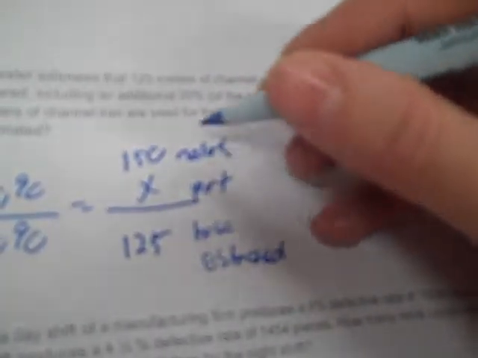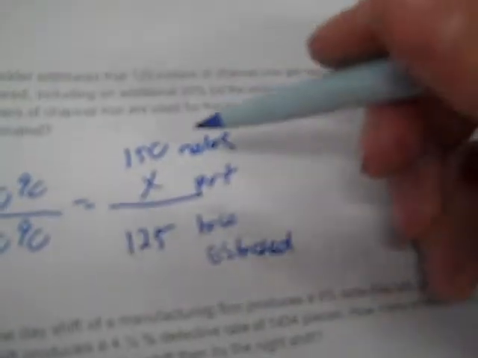So the base must be the estimated job, which is 125. I'm going to find the part with the scrap metal. So I'd go 120 times 125 divided by 100. That's going to be 150 meters, because you use the 125 plus your scrap metal, which amounts to 150.